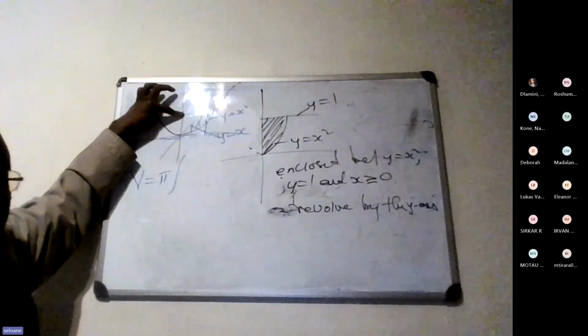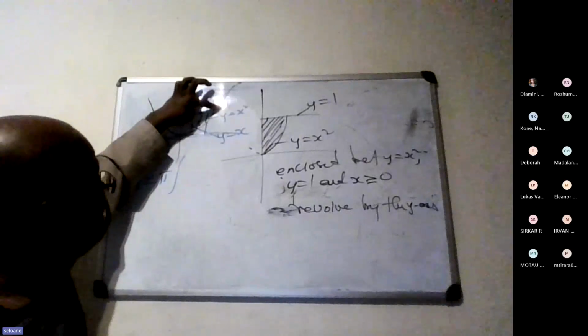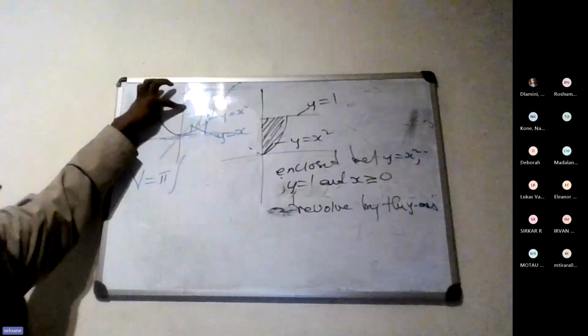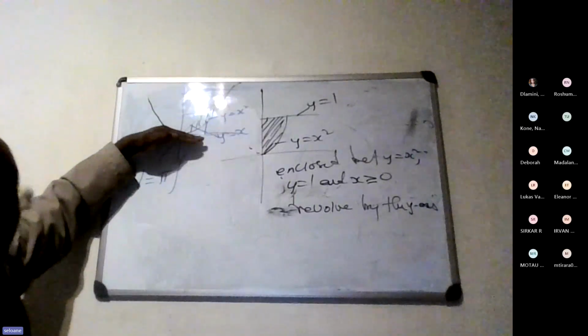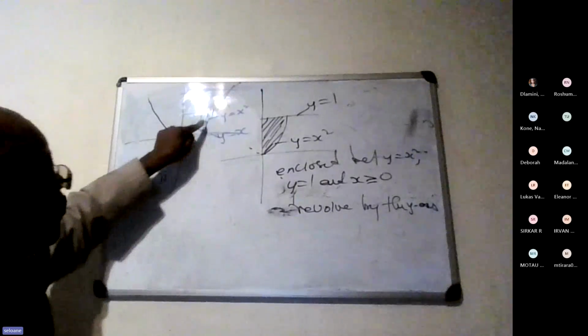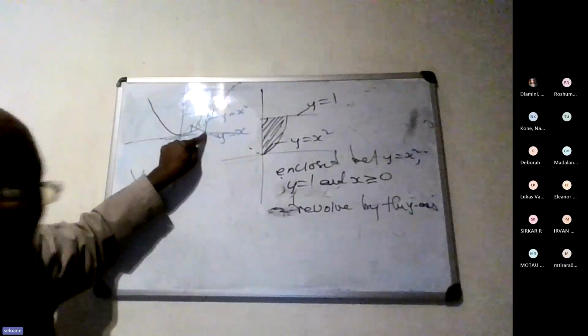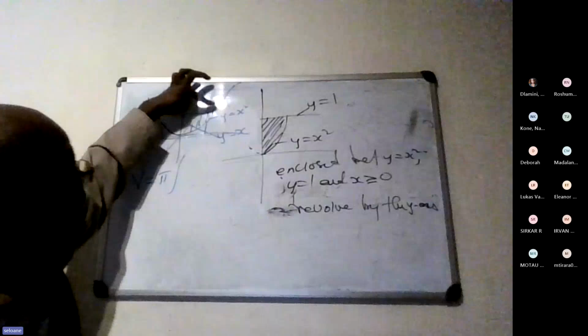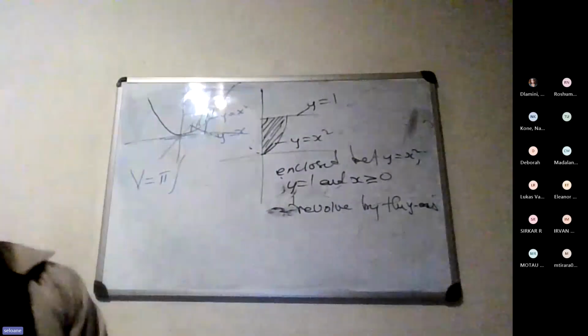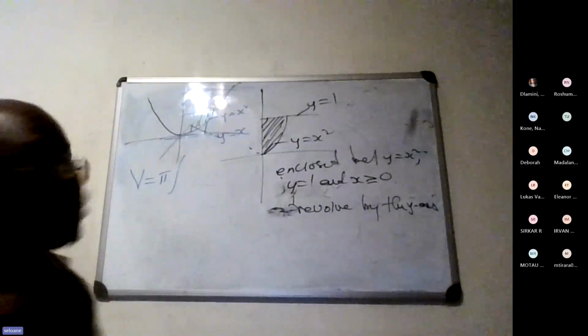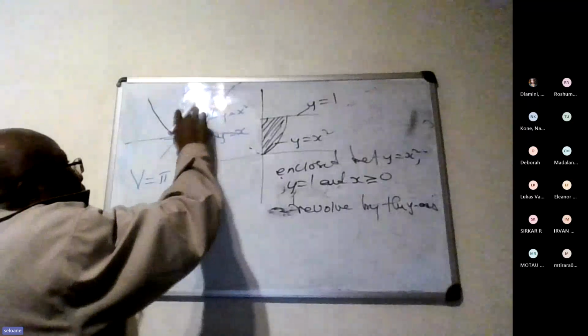That is small r. Capital R will be x here minus x here. If you spin it by this horizontal line, small r will be y here minus y here, and capital R will be y here minus y here. Hopefully it makes sense.